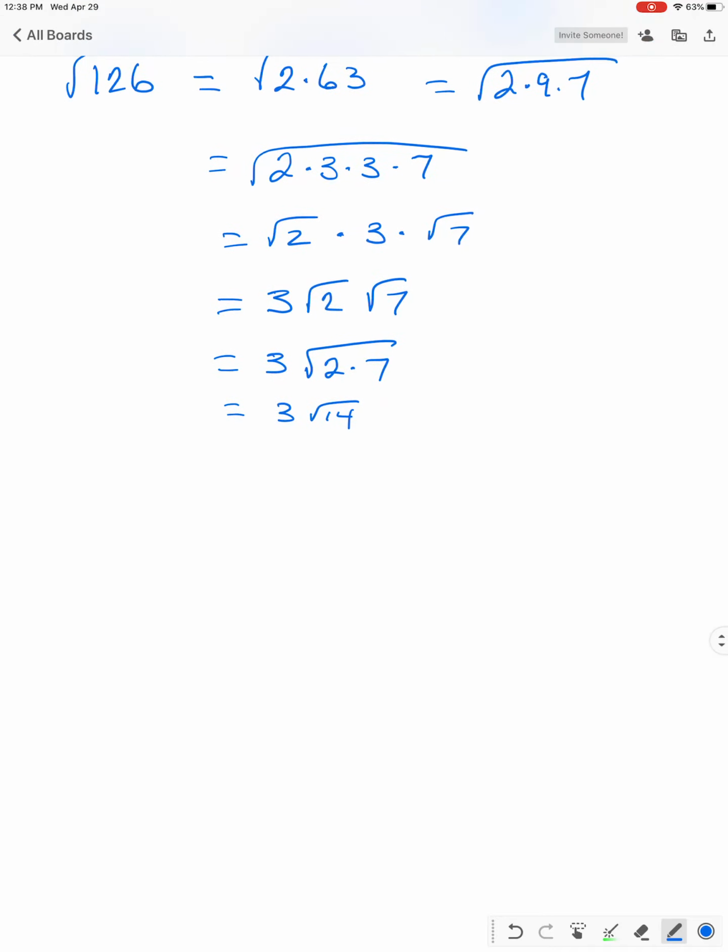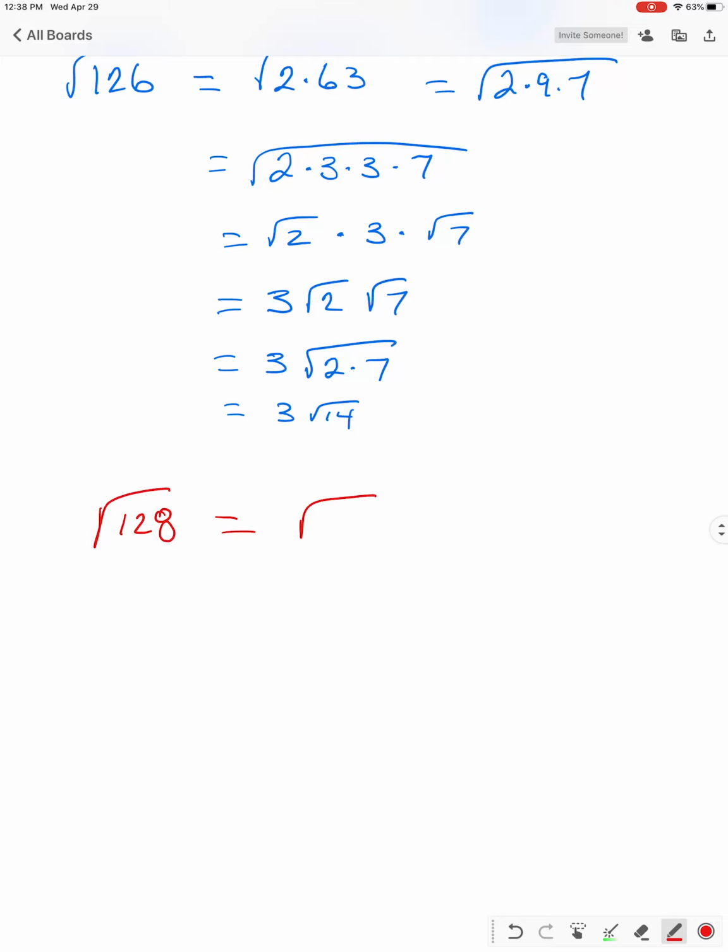Okay, now the last one that I want to look at is 128. So the square root of 128. Well, 128 divided by 4 is 32.